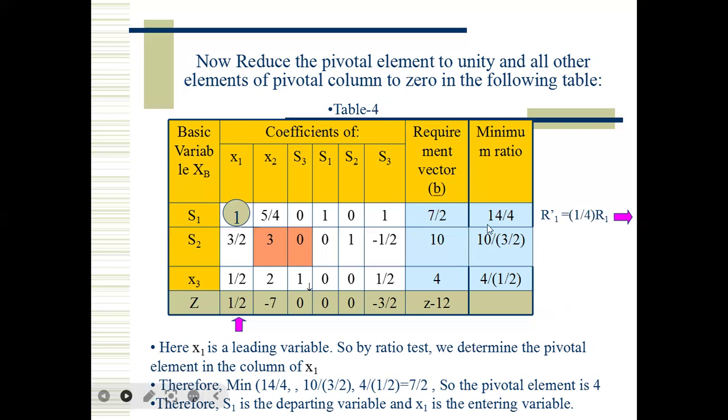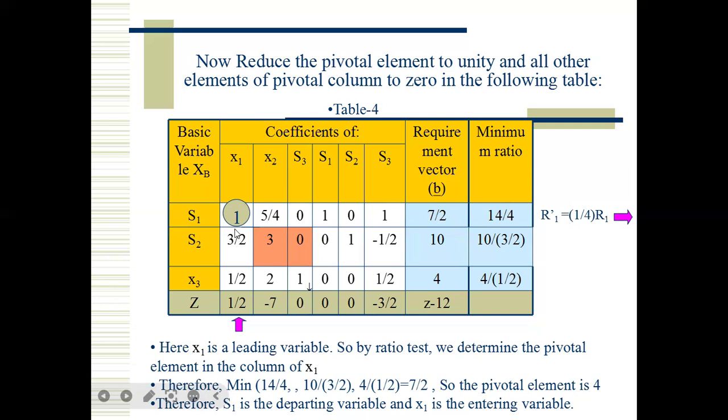In this way we make the pivotal element unity, that means dividing the first row by 4. So we reduce the pivotal element to unity and all other elements in the column to 0. How do we get this 0?